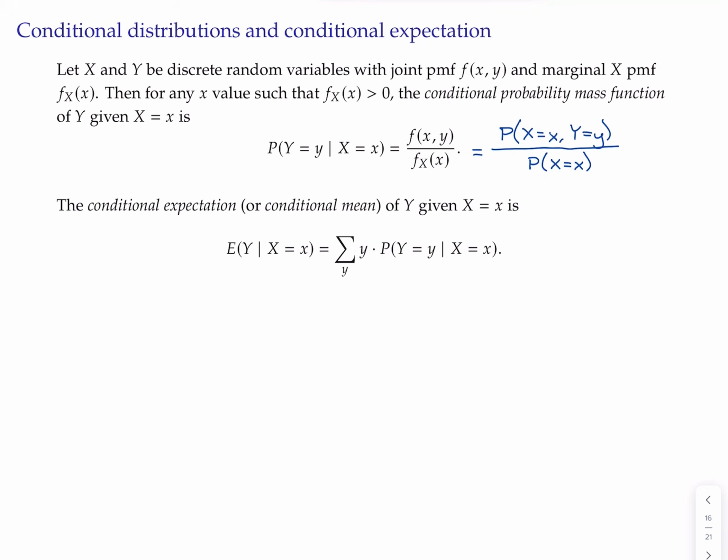So instead of the case you've seen before, where we sum over values of y times the probability y is equal to that value, here we just use conditional probabilities, following the fact that we want our expectation conditional on a particular value of x. So it's the same idea as before in terms of expected value of a discrete random variable. It's just that instead of the unconditional or marginal probabilities of y, we use conditional probabilities of y to weight those different values of y.